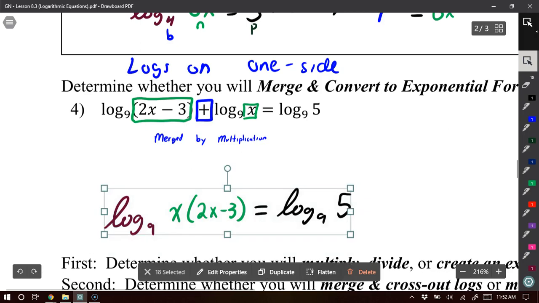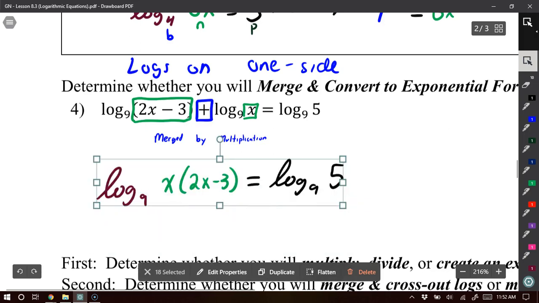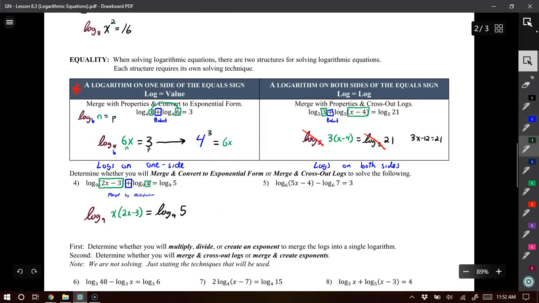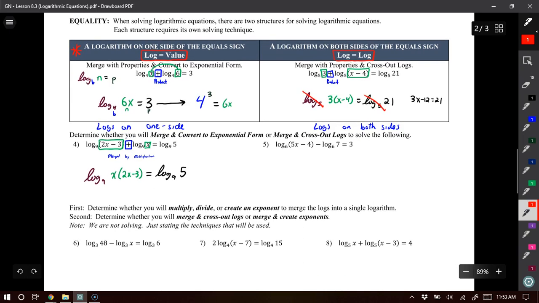The next question is, how am I going to solve? Look at what I have: log base 9 of x times 2x minus 3 equals log base 9 of 5. Am I dealing with scenario 1, where I have one log equal a value, or scenario 2, which says I have a log equal to a log? In this case, I have a log on both sides.